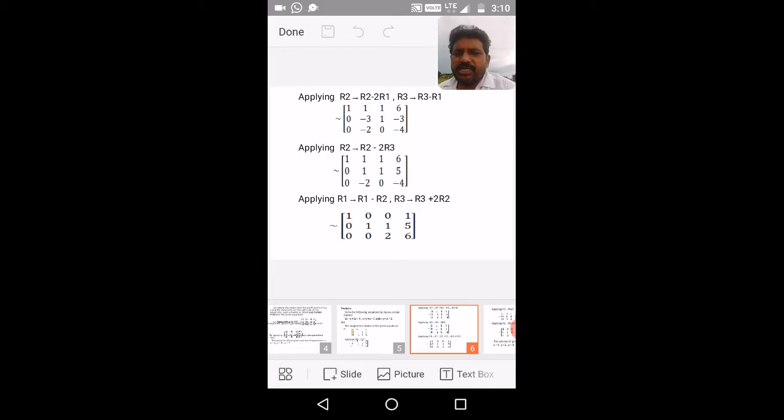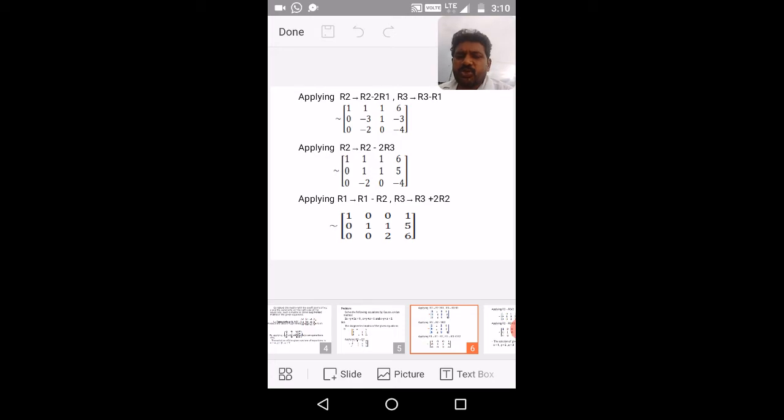Okay, and next one is applying R1 as R1 minus R2, R3 as R3 plus 2R2. Now we are changing R1 and R3 using these operations. R1 minus R2: 1 minus 0 is 1, 1 minus 1 is 0, 6 minus 5 is 1.